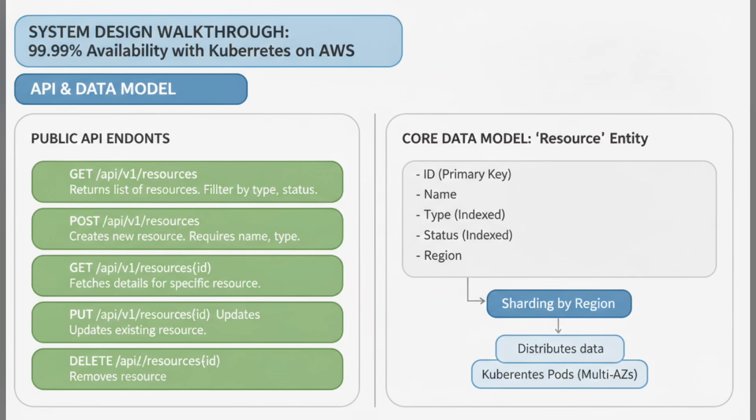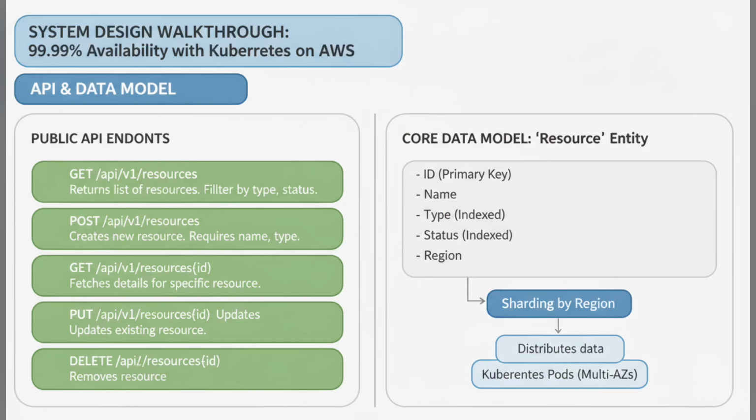The second is POST /api/v1/resources, allowing clients to create new resources with a payload that requires name and type. Thirdly, GET /api/v1/resources/{id} lets clients fetch details for a specific resource. A crucial endpoint is PUT /api/v1/resources/{id}, which updates existing resources, while DELETE /api/v1/resources/{id} enables resource removal.